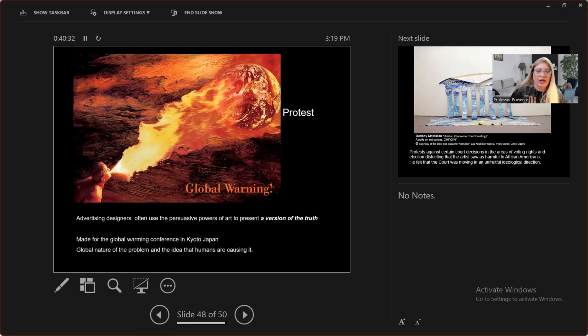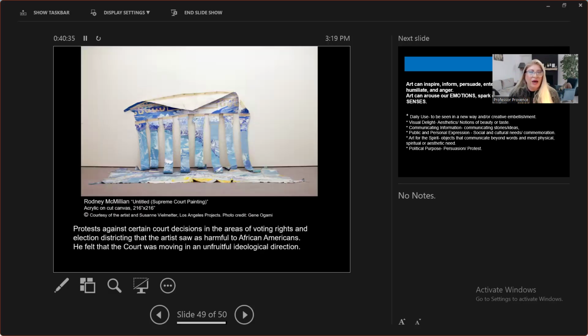But it's also used as a kind of direct statement that is very powerful by the use of color and imagery. Now, this work right here doesn't seem very big when you look at it like this, but I want to point out something. It is 216 inches by 216 inches.